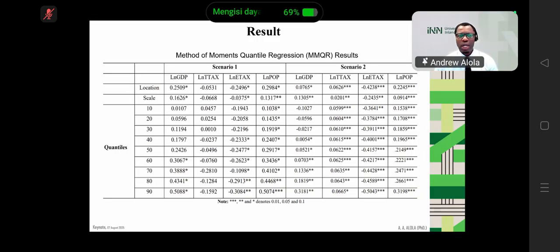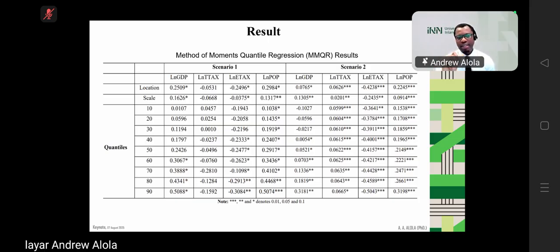But I'm going to just talk about the main variable, our focus, which, if you look at the second column, by your right, sorry, by your left, in scenario one, is the transport tax, TT tax. You will see that the asterisk means a significance symbol. So in that second column, there is no significance.